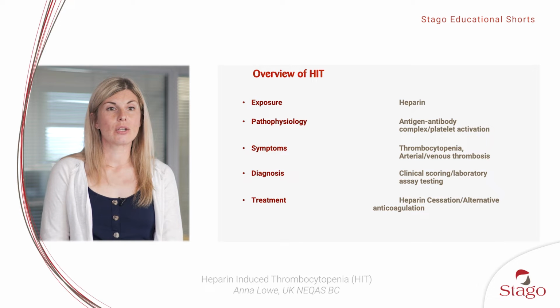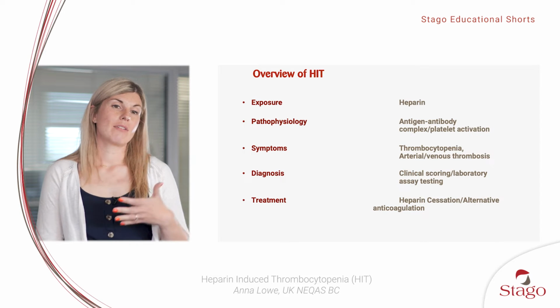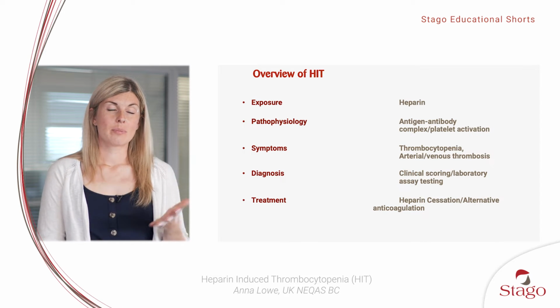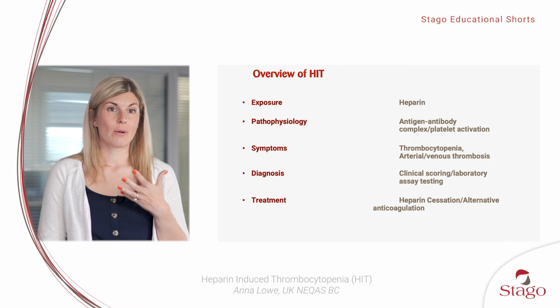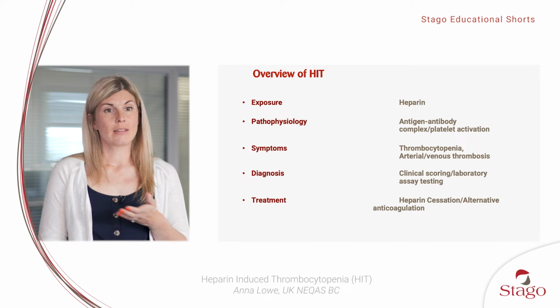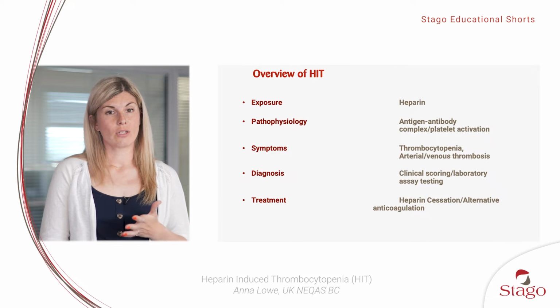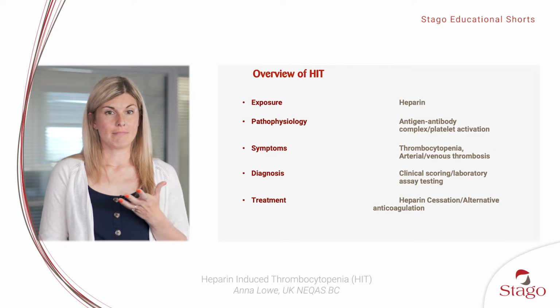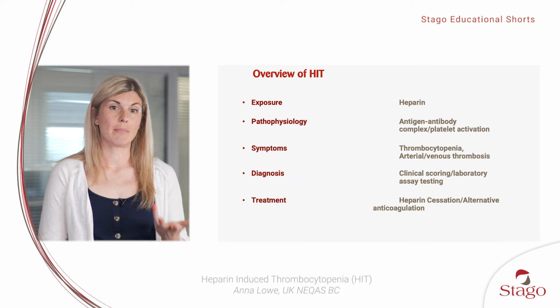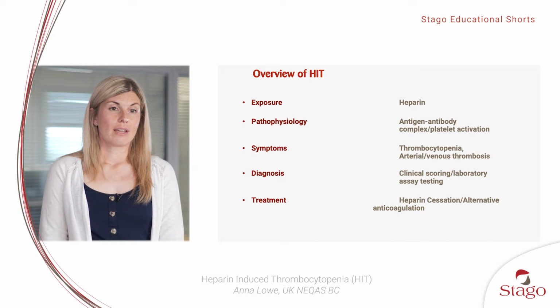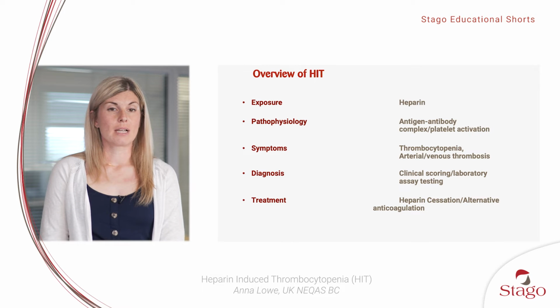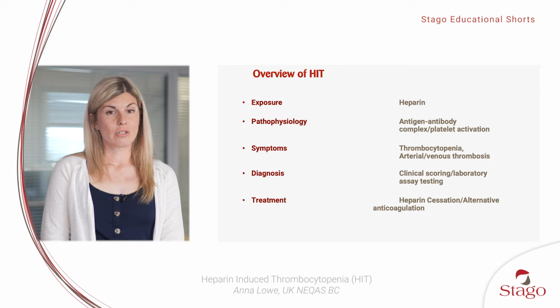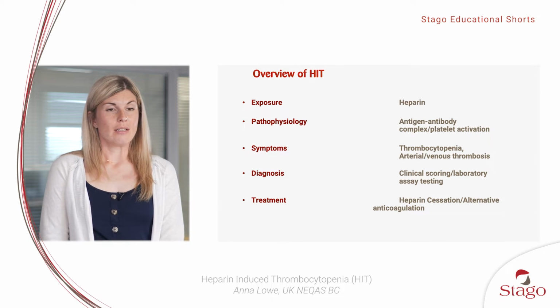So this is a basic overview, just linking everything together. Exposure for patients is usually through heparin administration. This leads on to pathophysiology, which gives an antigen-antibody complex and then platelet activation, therefore leading to symptoms of thrombocytopenia, arterial or venous thrombosis.